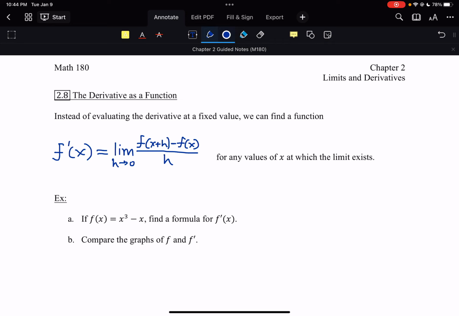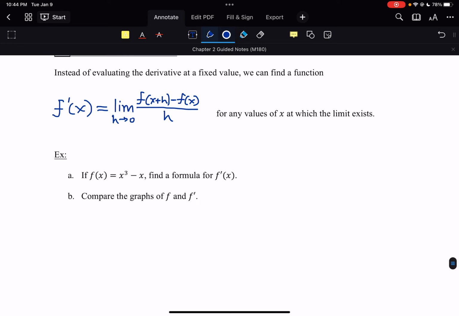This derivative function is in and of itself a function. So we can solve for it using the techniques we saw in the previous section, but we can also observe it as its own independent formula, a function in terms of x. So let's look at an example.